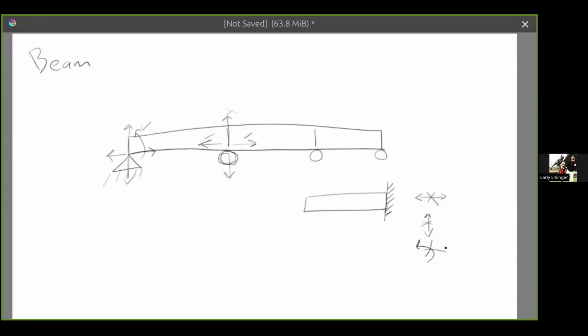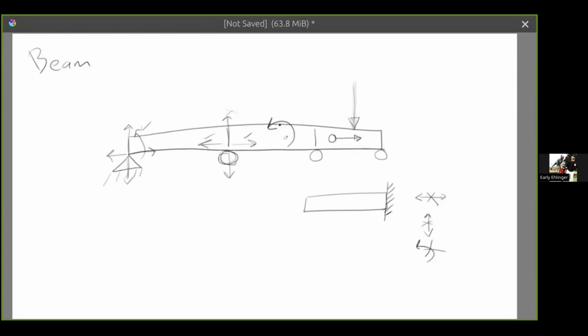So a beam structure can have concentrated loads applied to it in the form of a vertical load, or maybe something pulling on it sideways, or you could have something trying to twist or bend that beam.